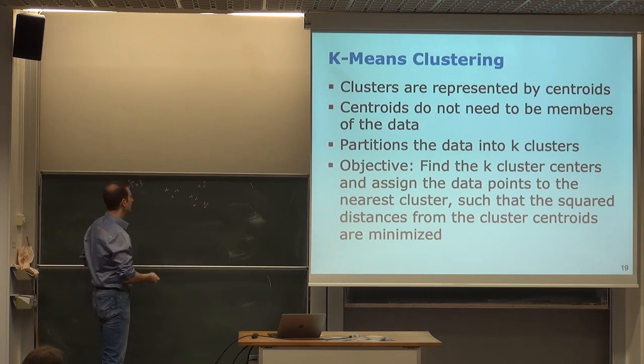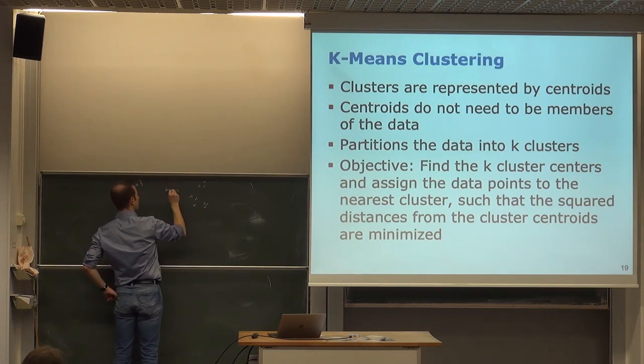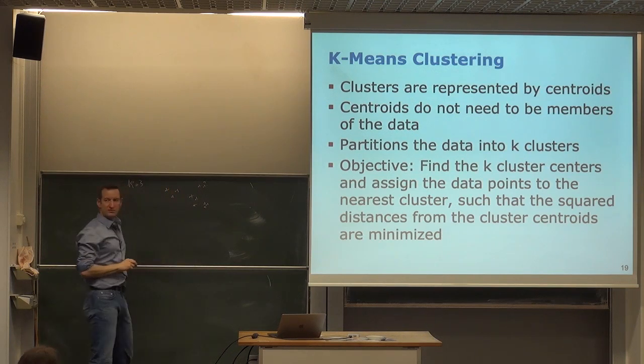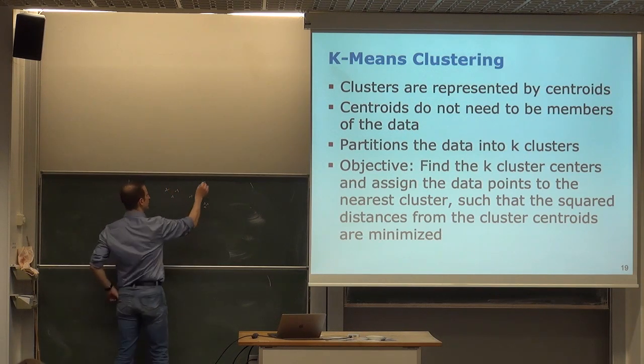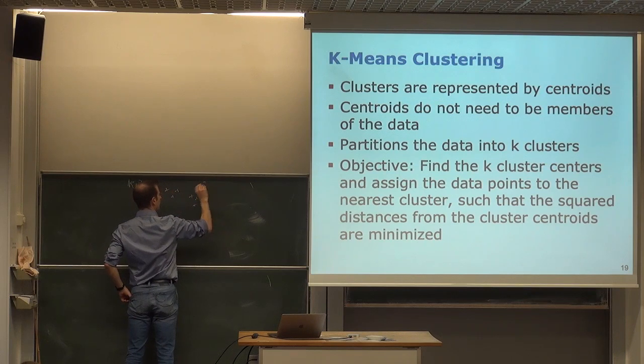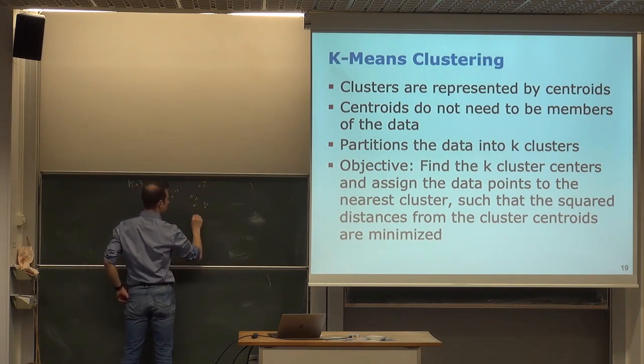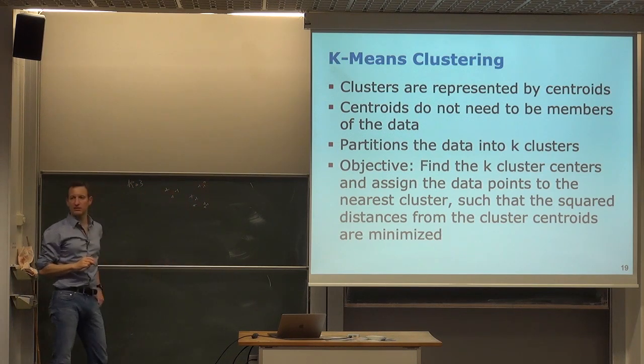Then one of the results would be that this is one cluster, and this is the centroid. It's the mean of the data points associated with it. This could be one cluster with the mean sitting here, and this could be one cluster with the mean sitting over there.